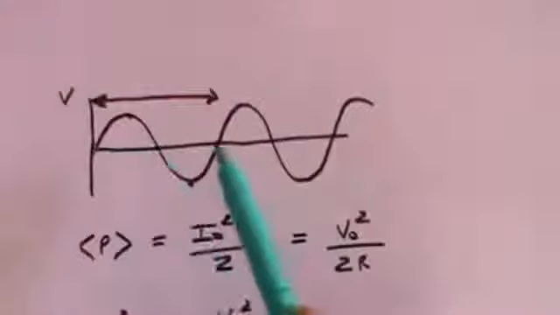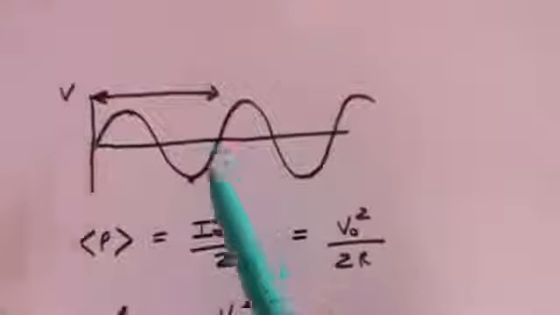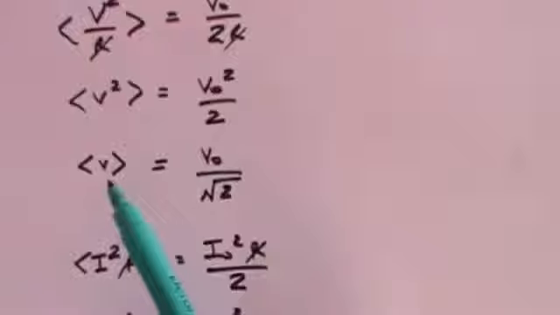So we need to understand that. It's not the average of the sine wave, because the average of a sine wave over a complete cycle is 0. What we mean by this is that that's the average term derived from the power to give you the equivalent voltage in DC terms that would give you the same power.